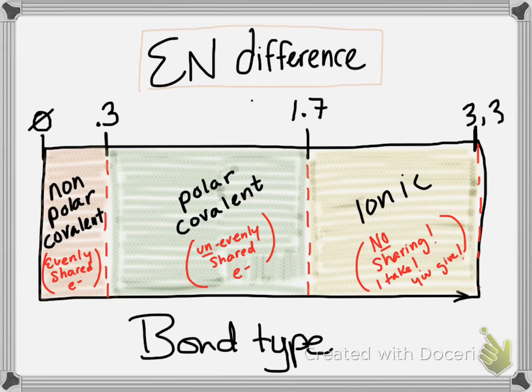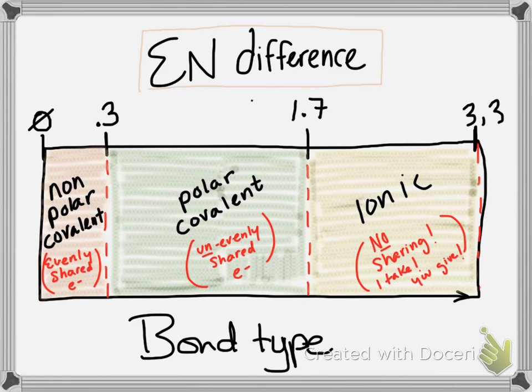Okay, so in an ionic bond, there is no sharing. One atom strips the electrons off another, and that other one typically willingly gives them up, because these are things where there's such a strong difference in electronegativity. One really needs additional electrons to become stable, and the other really needs to get rid of additional electrons to become stable. Okay, do you feel like you kind of remember that now?